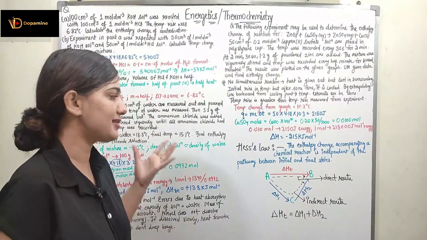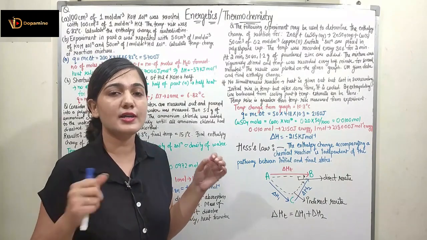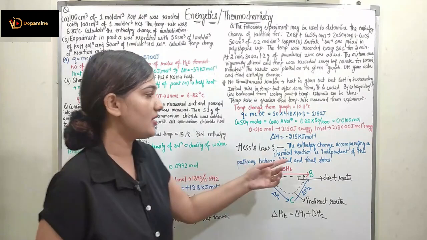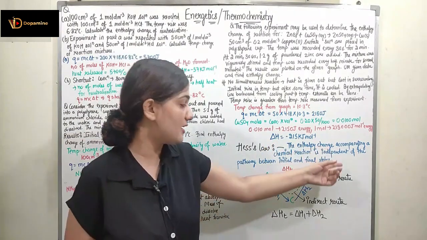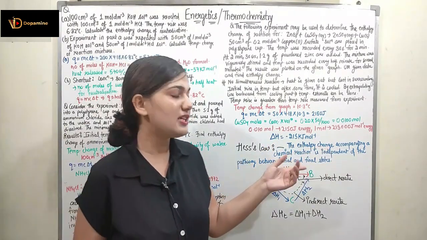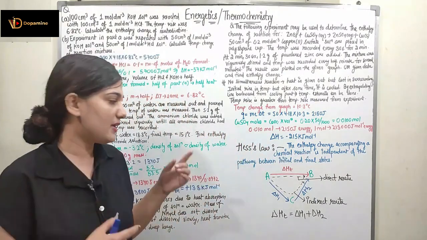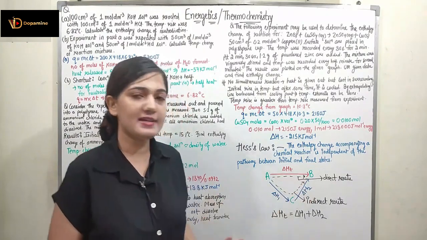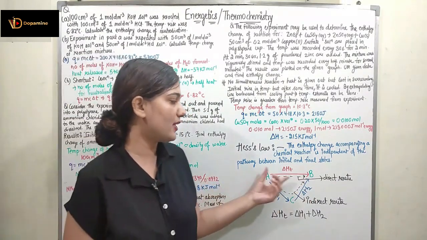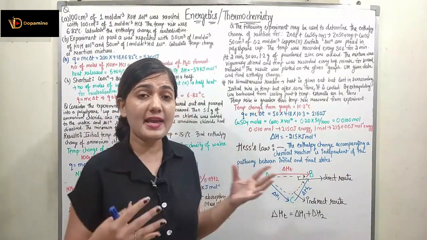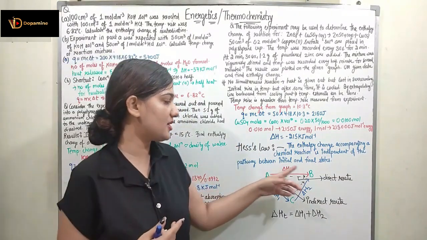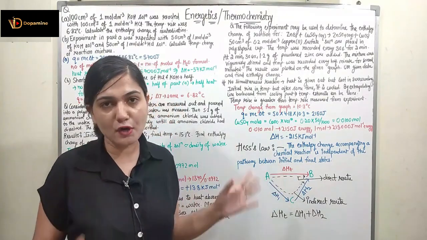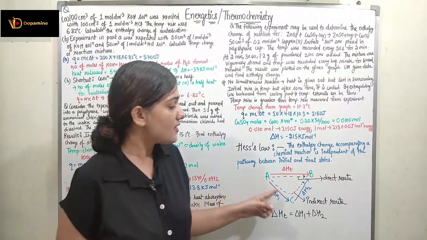Now coming to Hess's law. What is Hess's law? Hess's law is used whenever we cannot find the enthalpy change directly. The enthalpy change accompanying a chemical reaction is independent of the pathway between the initial and the final state. So if this is my initial state A and this is my final state B, and I need to find the enthalpy change between A and B but cannot find it directly with the help of the direct path, that is delta HT, I can use an indirect route.